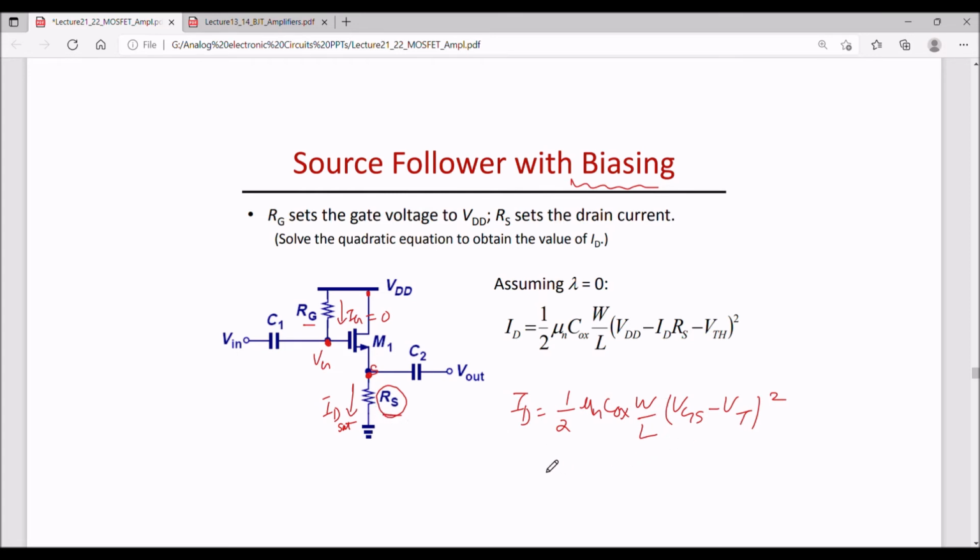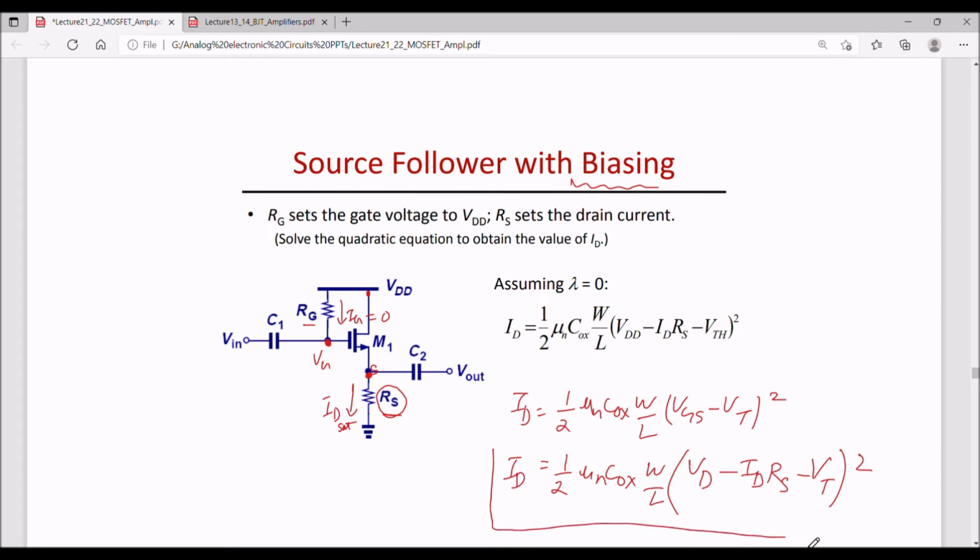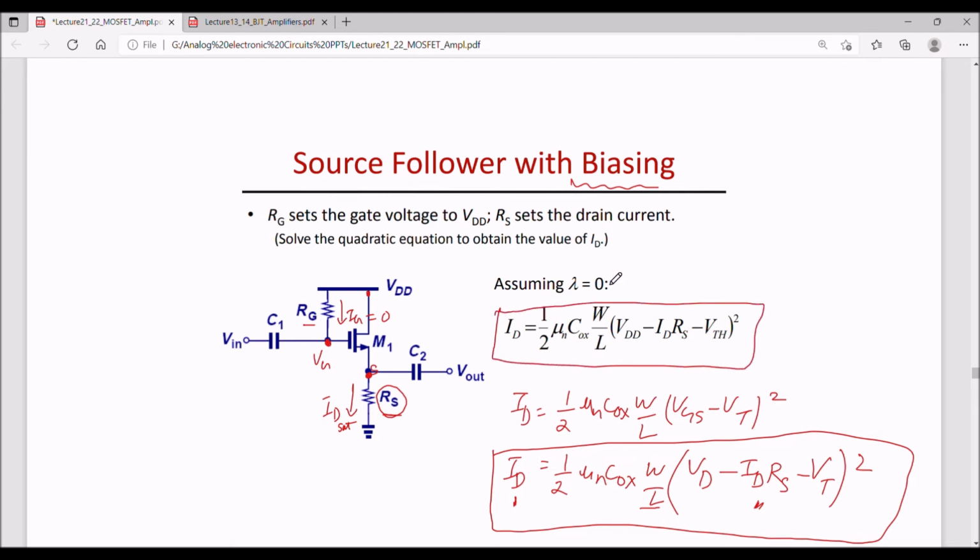So I can write this as 1 by 2 mu n Cox W by L, with VGS, that is VG minus VS, where VS is ID times RS, minus VT, whole square. From this I can find out the total ID. So we have ID here also and here also, similar to this equation. And here we have assumed lambda is 0.